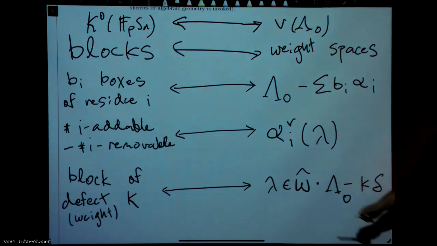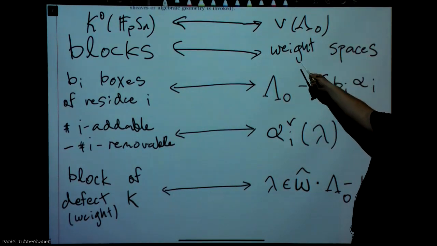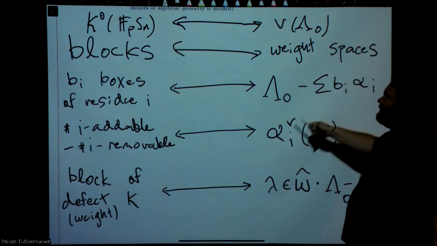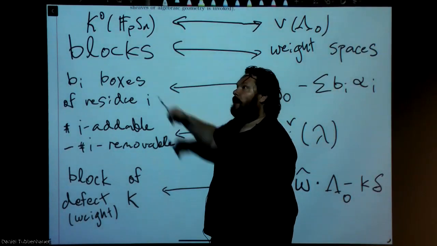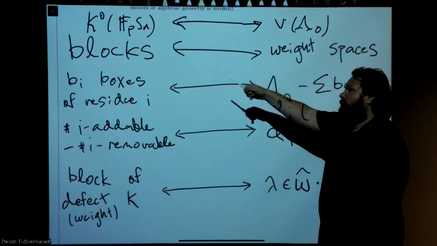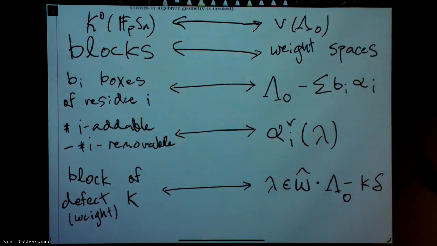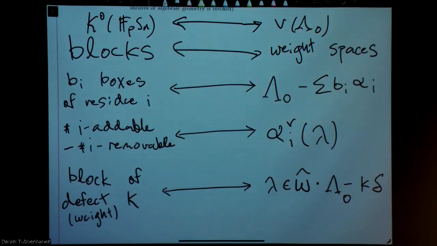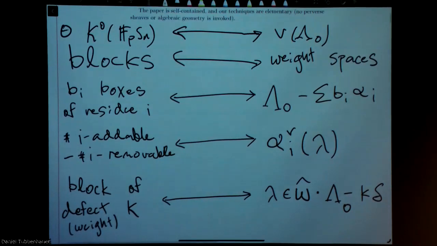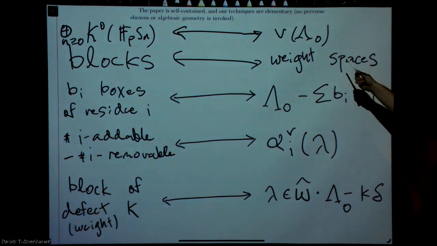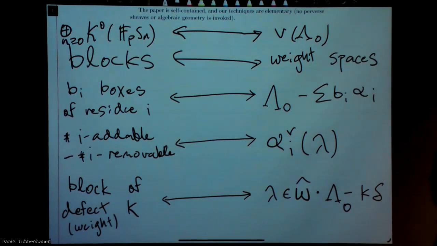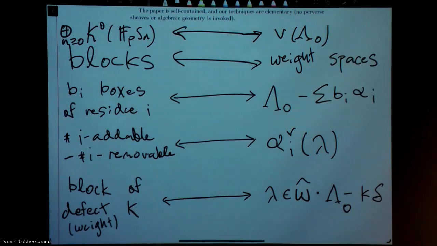And so representations break up as a direct sum of weight spaces. Categories break up as a direct sum of blocks. Those two decompositions are the same. Every block of the symmetric group, and this is for all n at once, corresponds to a weight space of V lambda 0. So for example, the highest weight space corresponds to the only block of S_0.